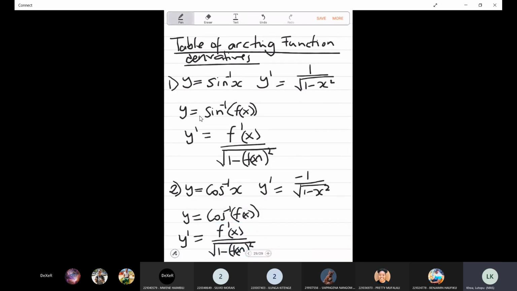The only difference is this one is negative. That's it.